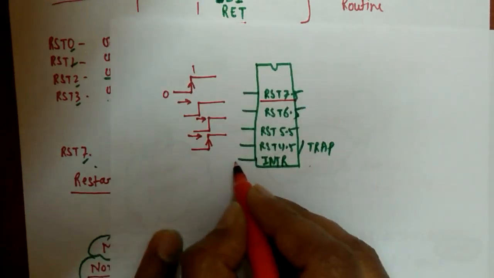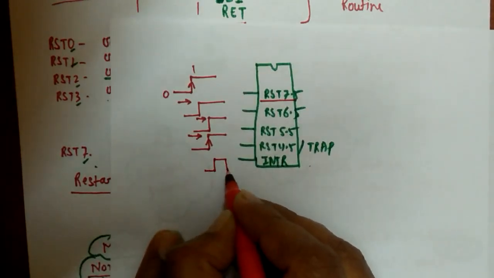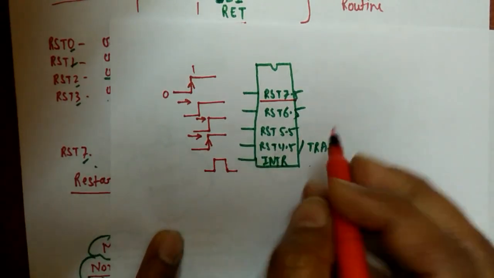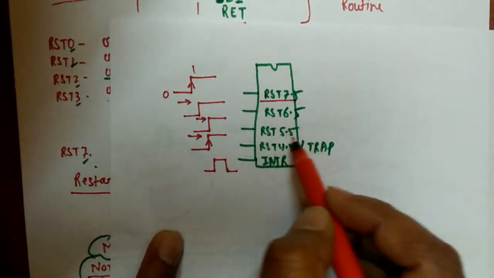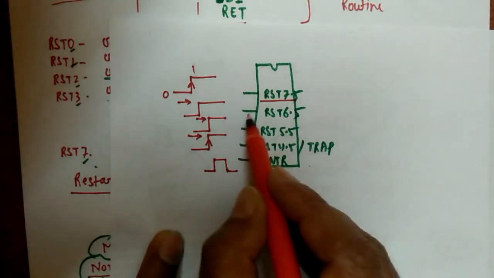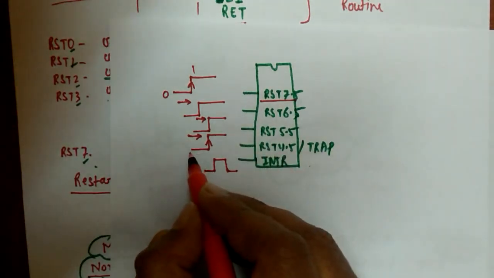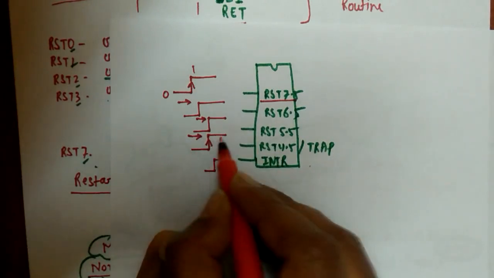And for INTR, also simply if a high signal is there, then it will be recognized as an interrupt. So remember, for RST 7.5 it is a rising edge. For 6.5, 5.5 and INTR, simply a high at these pins will initiate the interrupt process, and for TRAP the signal must be a rising edge plus it must be held high for some time.